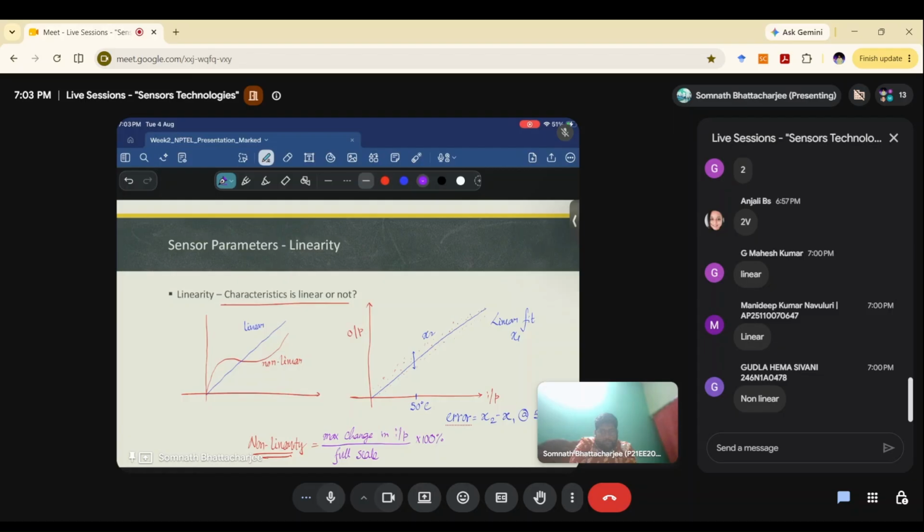So a repeatable sensor in presence of variability will... I didn't get your answer. Can you repeat it again? Oh, variability will be there. Yes. So about that, what does that variability?